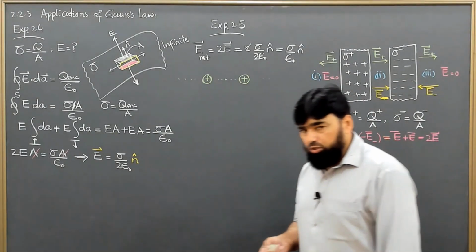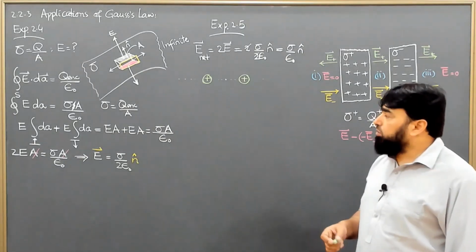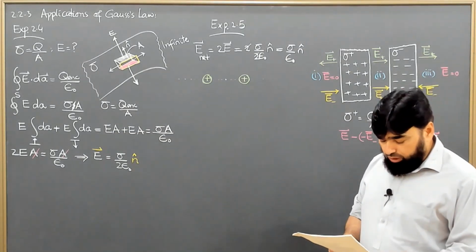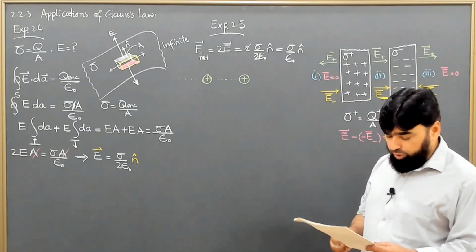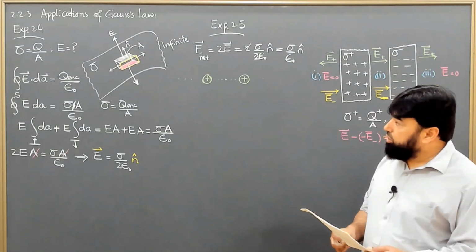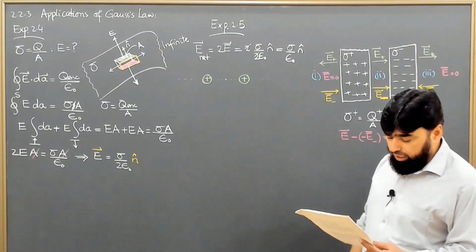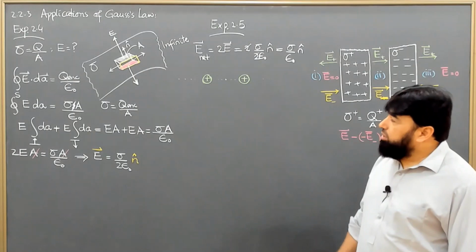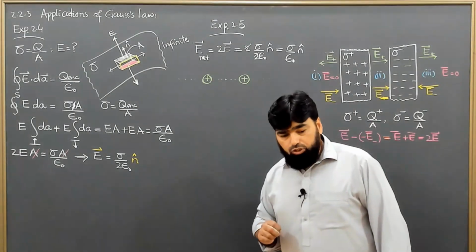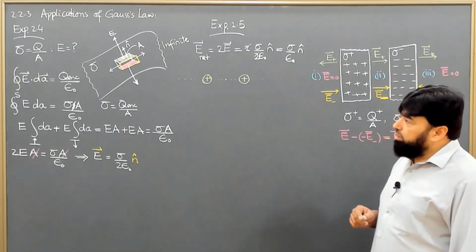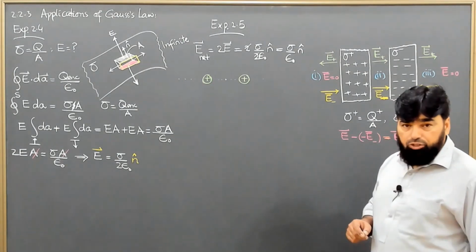We solved it for a spherical geometry and for a cylindrical geometry. So with this, we are done with the applications of Gauss's law, and all these were based on the divergence of electric field. So now we will start with the curl of electric field.